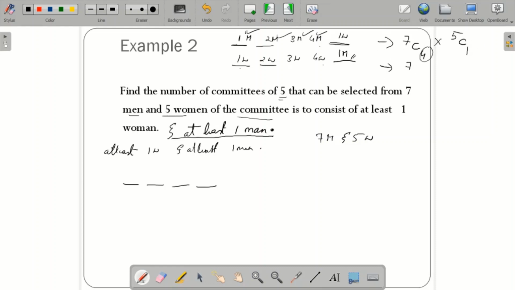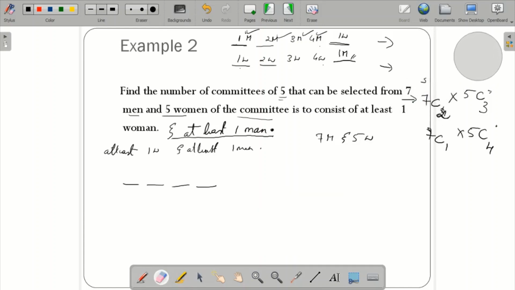Second way, you can choose 3 men, 7C3, and 2 you can give to women. Then I can choose 2 men and 3 women, and then 1 man, 7C1, and 5C4 for women. So these are the possible ways, and finally add these ways. In one case I will get this many, here these many, and finally add them. So this is one way I can solve.